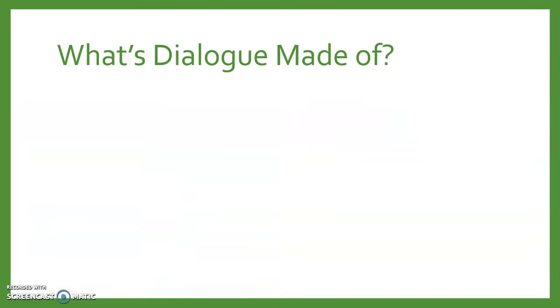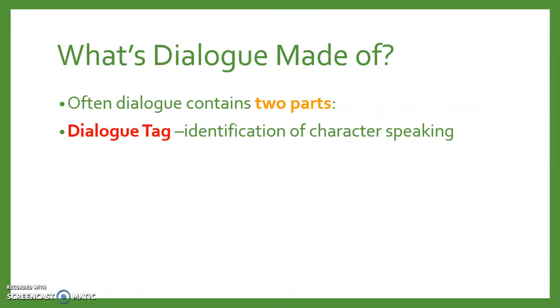First, let's break down dialogue. What's dialogue made of? Well, dialogue is made up of two different parts, usually. It's got the dialogue tag, which is like a tag on your shirt, which tells you where the shirt comes from. The dialogue tag tells you where the dialogue is coming from, who's the character speaking.